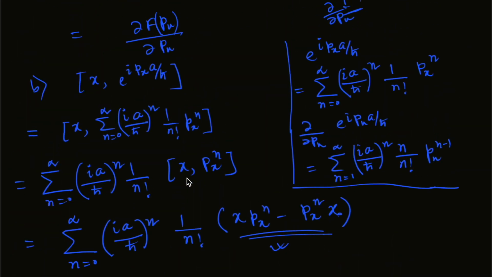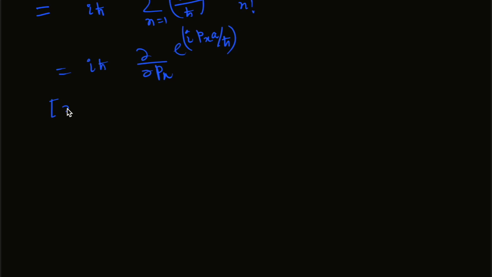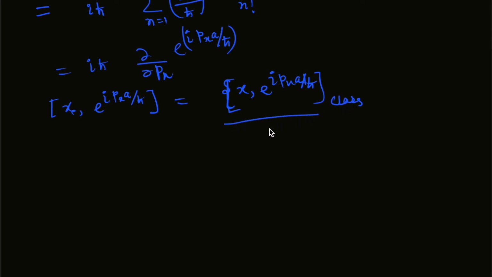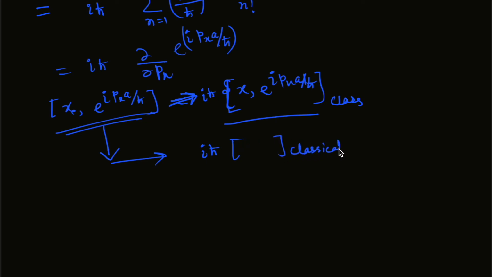So we get the quantum mechanical commutation, that means [x, e^(i px a/ħ)] is equal to nothing but the classical commutation, iħ times the classical one. So from here we can say that this quantum mechanical commutation relation will be nothing but iħ into the classical commutation.